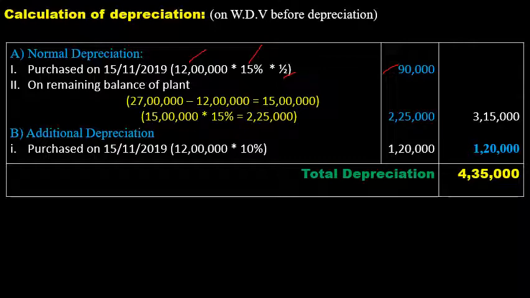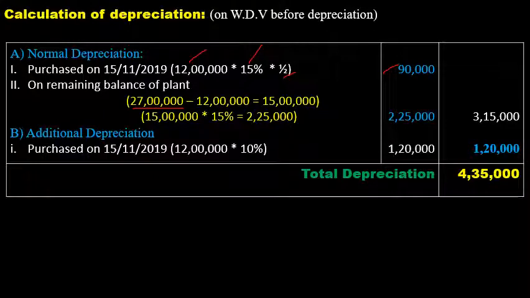And next, on the remaining balance, only one purchase. First you have to calculate depreciation on the purchases in the previous year, then you have to calculate on the remaining value. The written down value before depreciation, or value for depreciation, is 27 lakh.